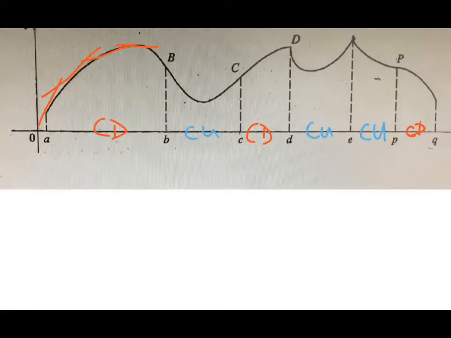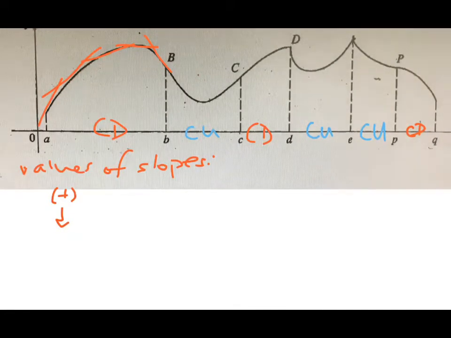They're getting closer to 0 till they get to 0, and then what happens to them? They become negative. So the values of my slopes on this interval go from positive to less positive to 0 to negative. Right? On my next interval where I'm concave down, my slopes go from positive to less positive until they get closer to 0, right?